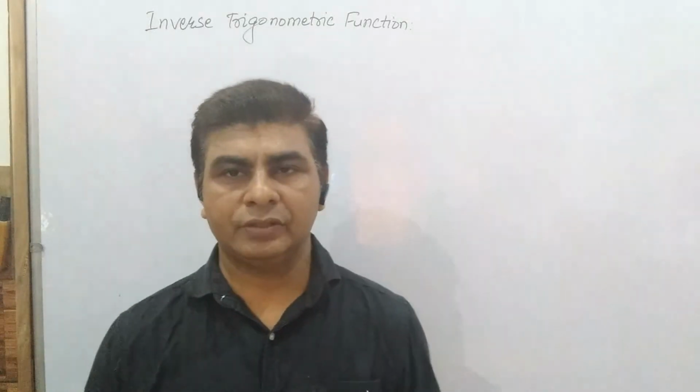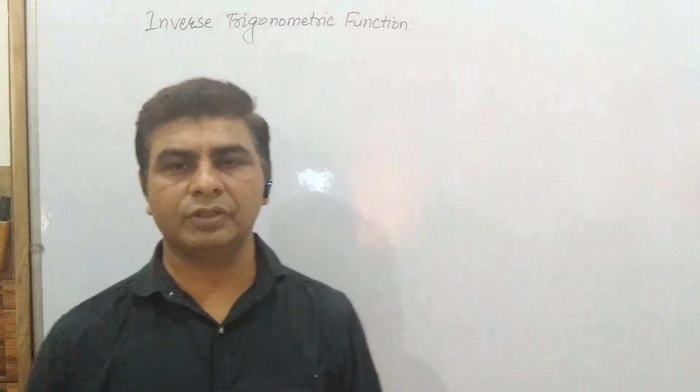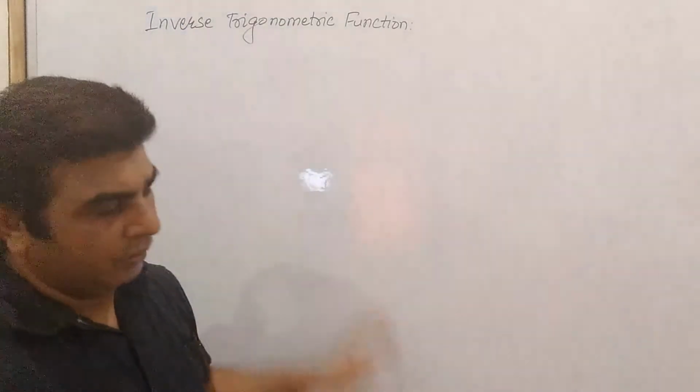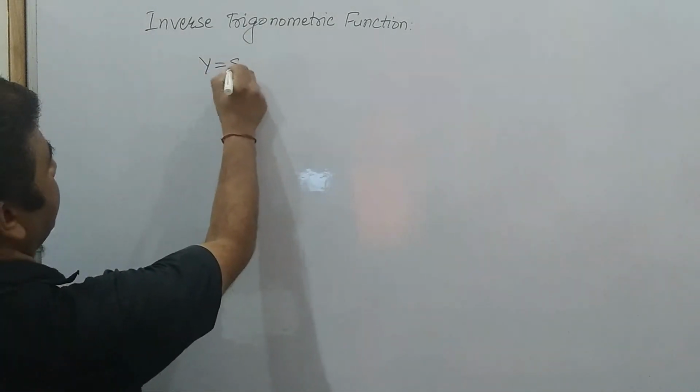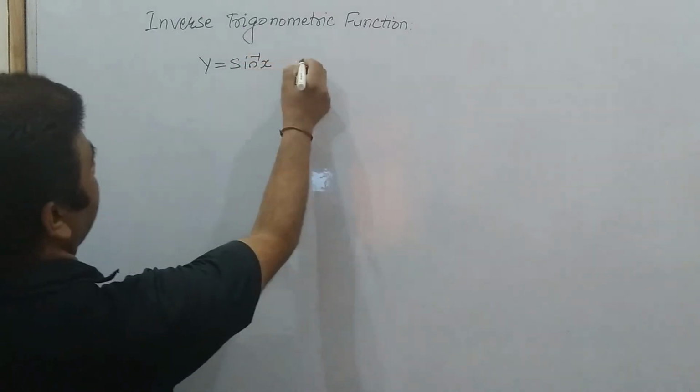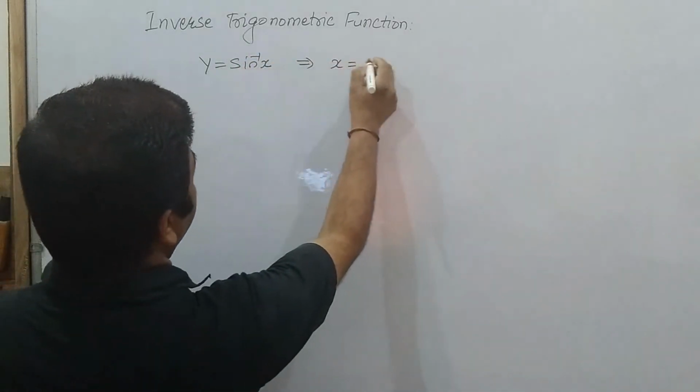Now dear students, let's discuss some properties based on inverse trigonometric functions. We know very well that if y is equal to sine inverse x, this implies x can be written as sine y.